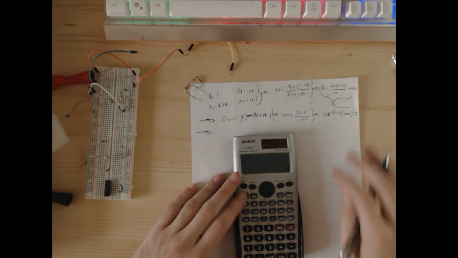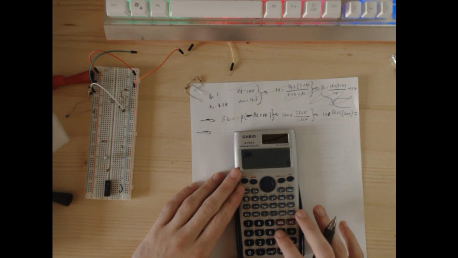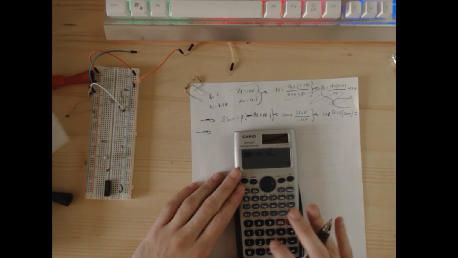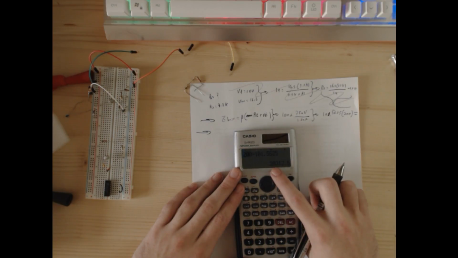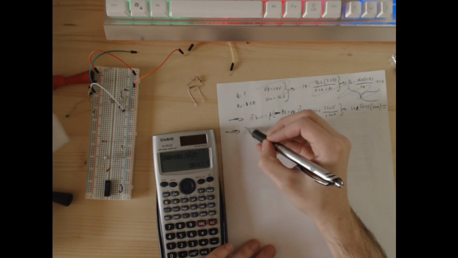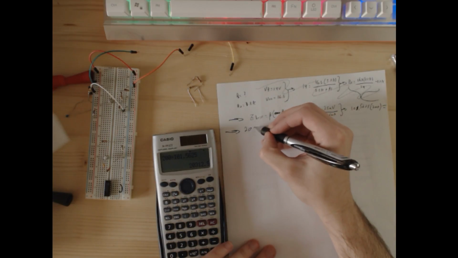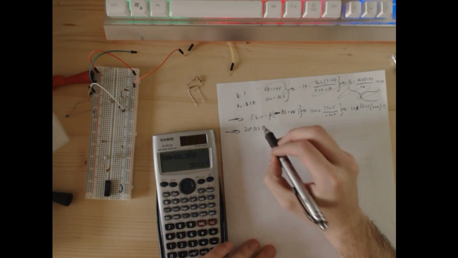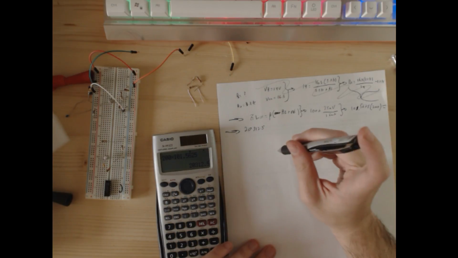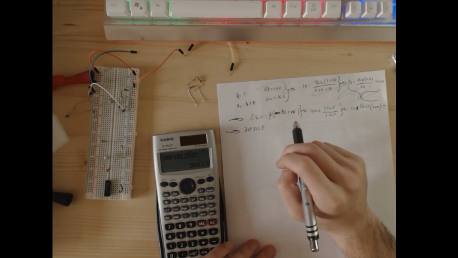On a calculator, 200 times 101.5625 is 20,312.5. Problem with this is that R2 is greater than.